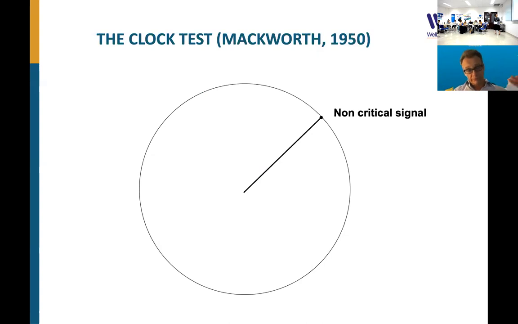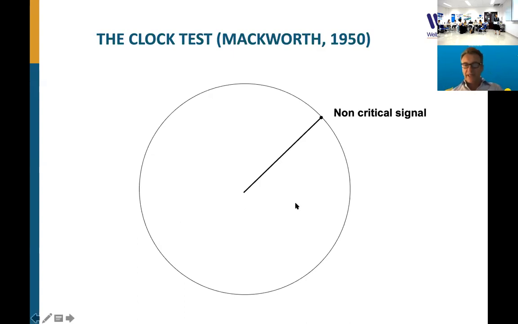A very serious situation, because the Germans were the enemy, and it was very critical if some German aircraft could enter into the British airspace to launch some bombs. So what he did here, he designed a very simple task, which is a clock test.